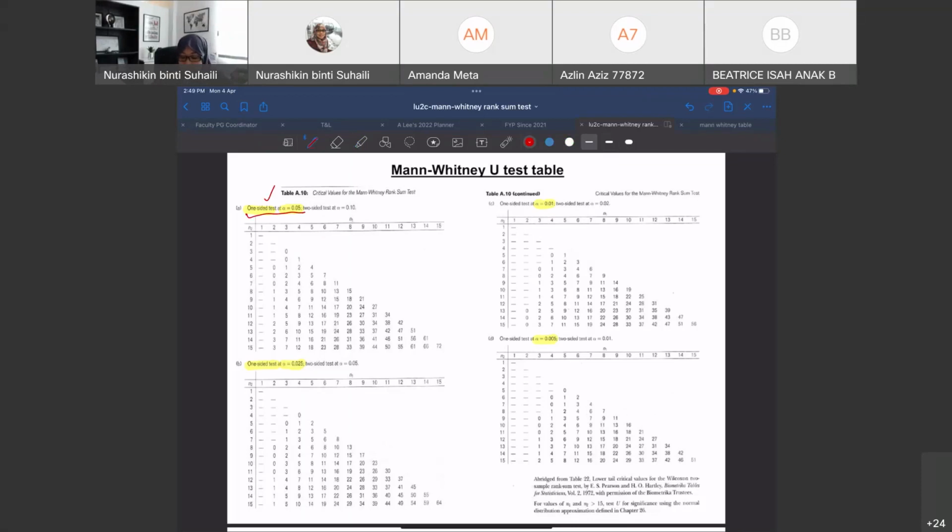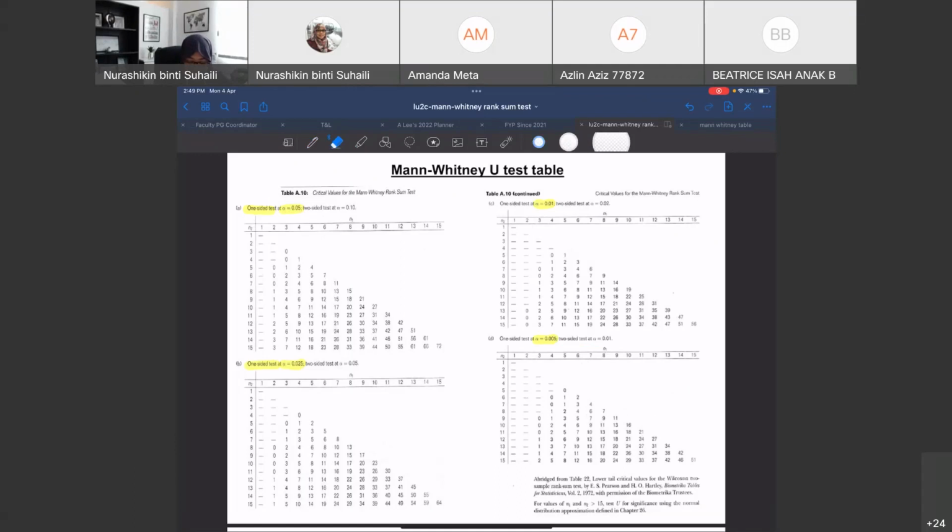But if it's a two-sided test with alpha 0.01, it falls under this one, so you have to use this table. So it depends on the conditions. How do you know the conditions? It depends on the nature of the question that you are analyzing.